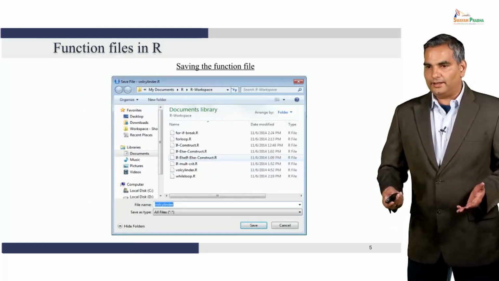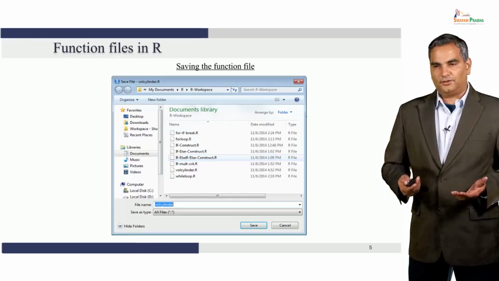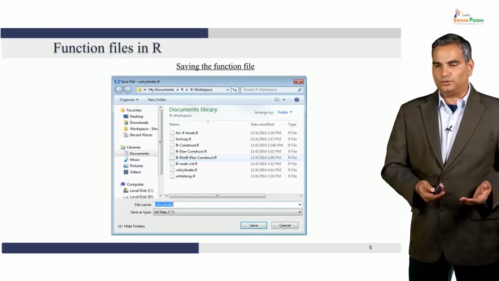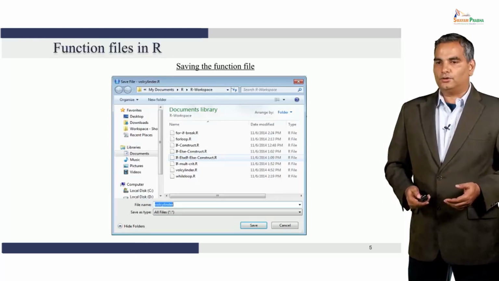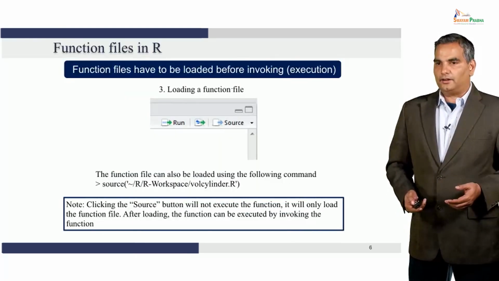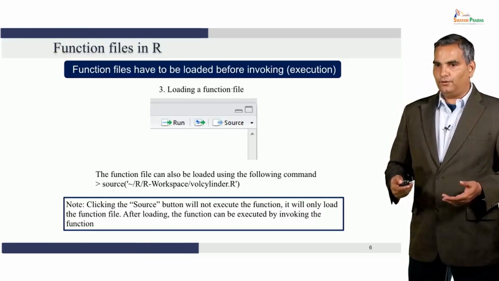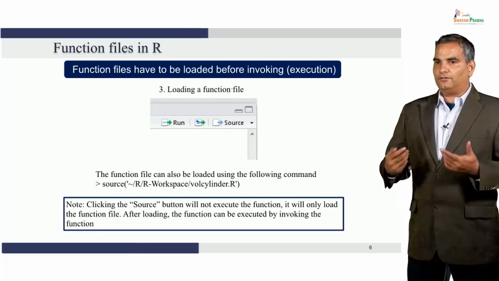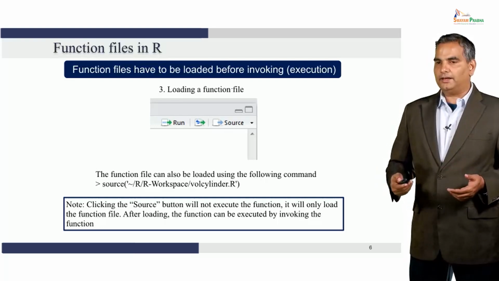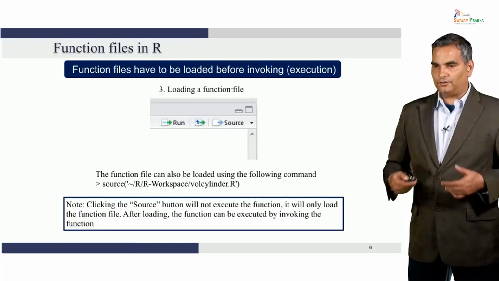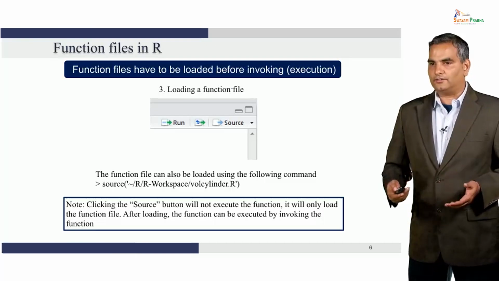Once you write that, you save it. We have seen this before. The browser will show up, you save or save as, and then you save this as volumecylinder.r. Once you save, before executing this, you have to load the function. Keep in mind that whenever you want to run a function, you have to load it, and only then can you run the function.